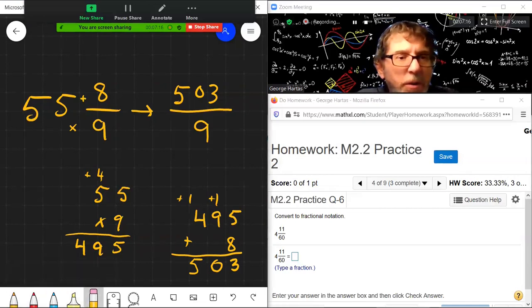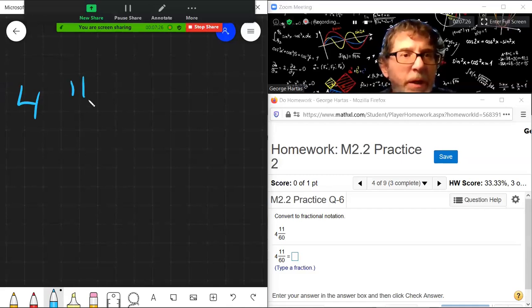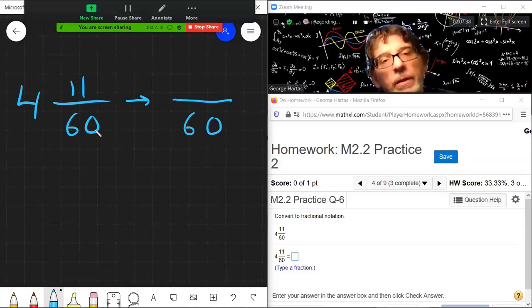All right, so let's switch colors for fun. Another big number, but we can handle it. It's going to be the same technique. Denominator is going to be 60. Now, this is 60 times 4. 4 times 6 is 24, but it's not 24, it's 240, right?